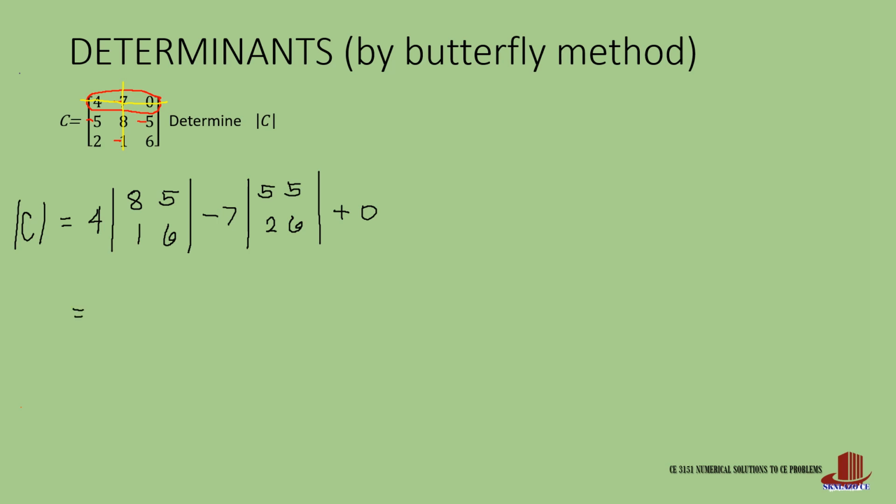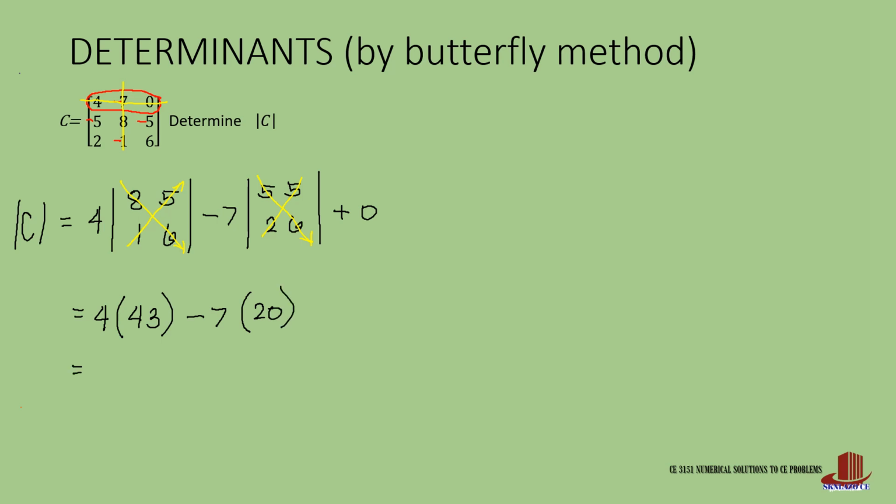So simplifying, we would have 4 with the determinant 43, minus 7 and the determinant of 30 minus 10, giving us 20.